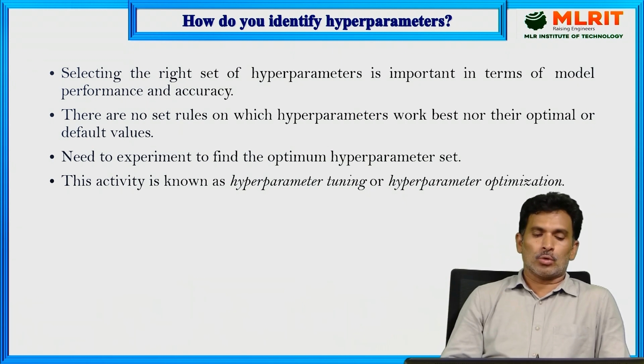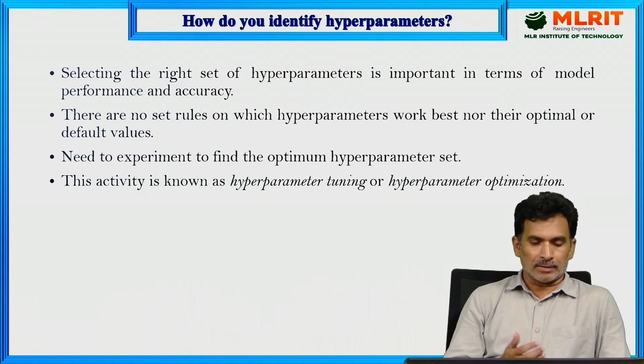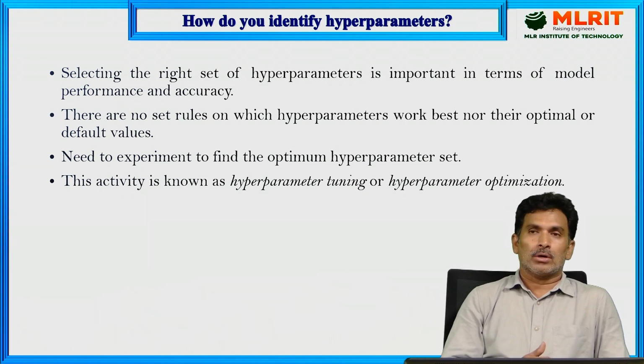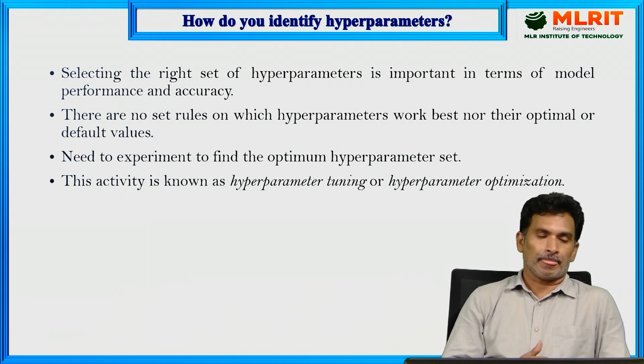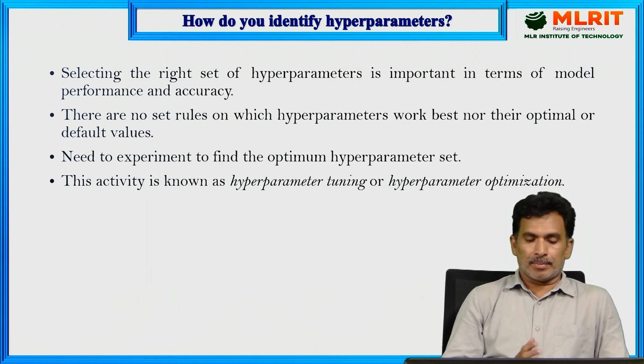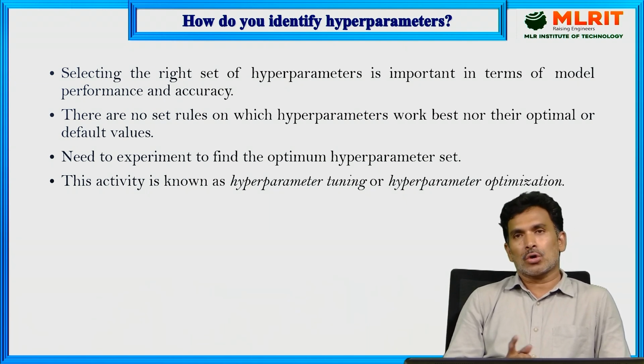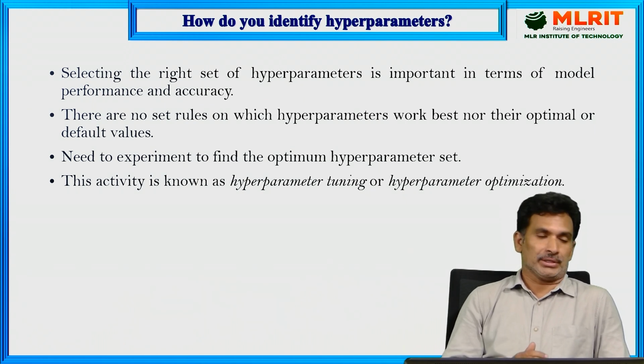Unfortunately, there are no set rules on which hyperparameters work best, nor their optimal or default values. So you need to experiment to find the optimal hyperparameter set. That's why this is also called hyperparameter optimization.